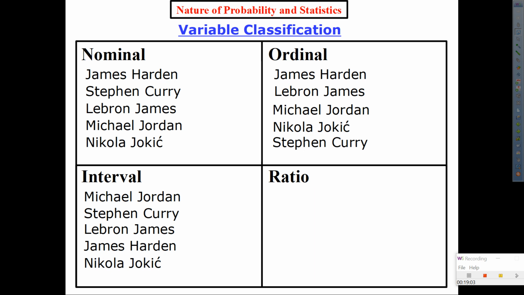All right. So talk it over to your neighbor, let them know what do you think they are using there to classify as interval.